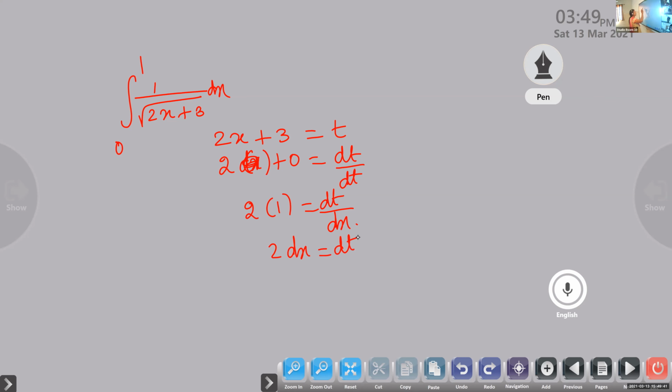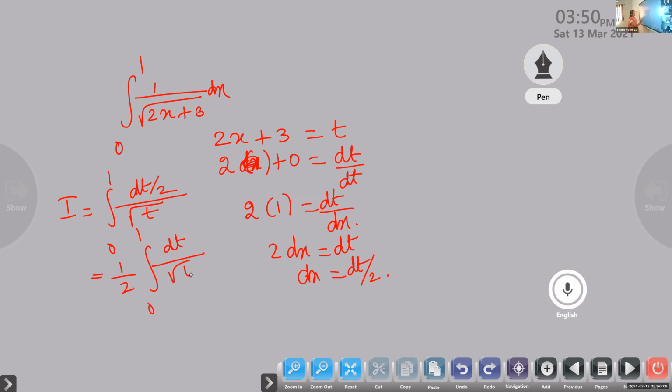But in our question, we have only dx. Therefore, dx is dt by 2. The given problem will become integral 0 to 1, dt by 2 by root t. Now 1 by 2 we can take out as a constant: 1 by 2 into integral 0 to 1 dt by root t.